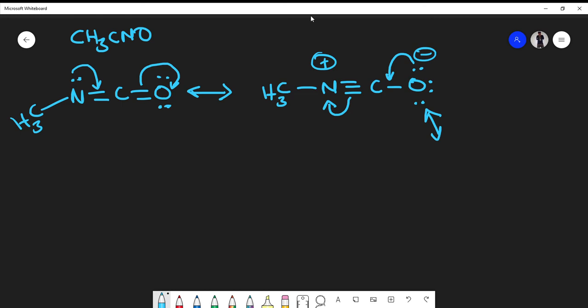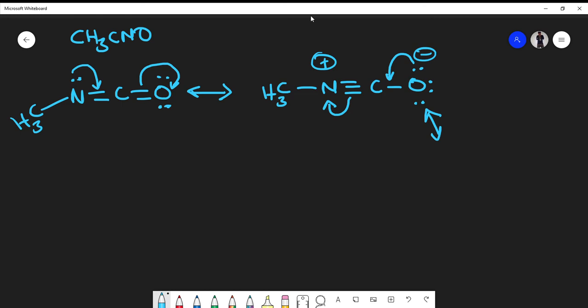Now, that's all well and good. Essentially, we've ended up at the same place that we started, right? Now, nitrogen is going to get its lone pair back, and it's going to be double bonded to carbon, and this is going to be double bonded to oxygen. So we've ended up where we initially started.